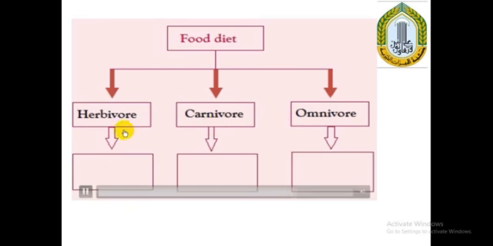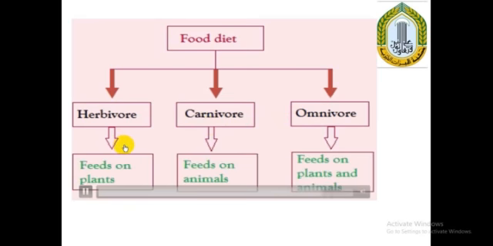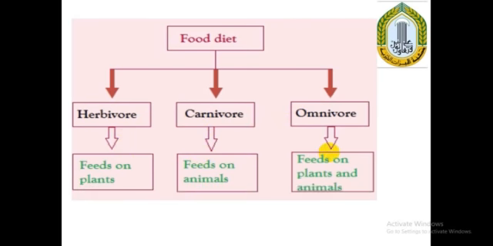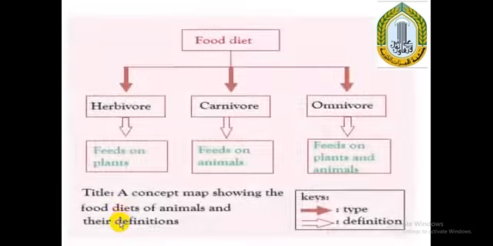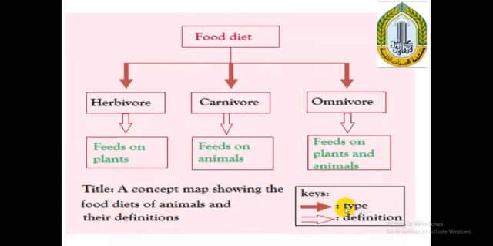And we have also to draw another arrow to show the definition of each one. Okay? Now, what did we call the meaning of each arrow? It's a key. Very good. So the first one was the type and the second one was the definition.